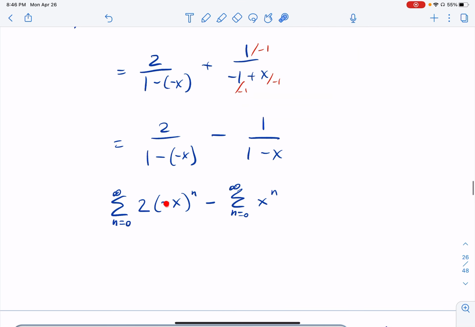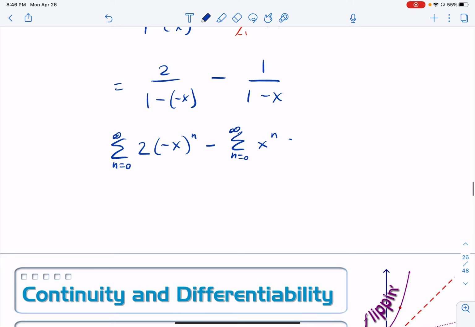And while I'm at it, I might as well take this negative 1 out as an alternator and make that equal to our series of 2 times negative 1 to the nth power, x to the nth power, and then minus x to the nth as one complete series.